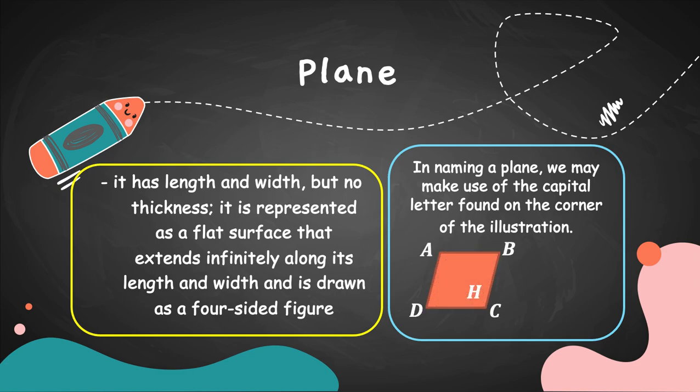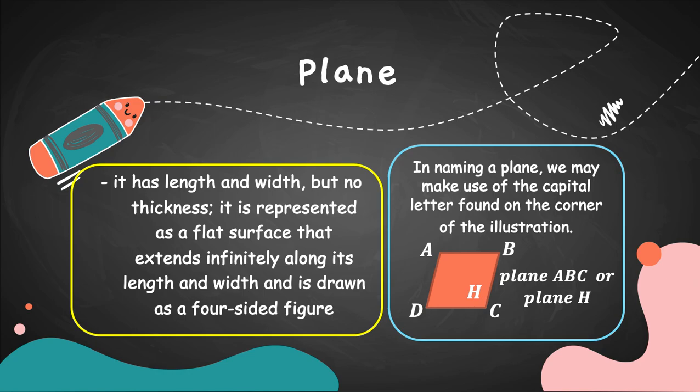So for example, we have one plane here. We can name this plane as plane ABC using three letters, but grade 8, you would see some names of a plane using four letters. Okay, but here we're just going to use three capital letters on our plane. So plane ABC, we can also name it as plane BCD.